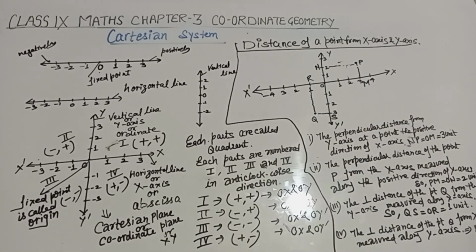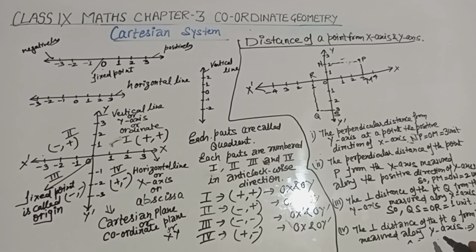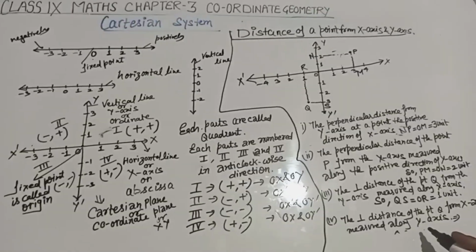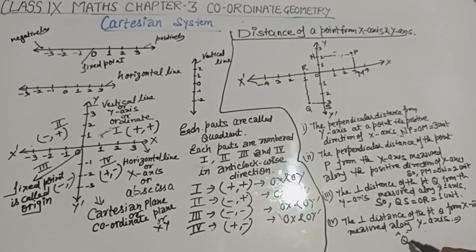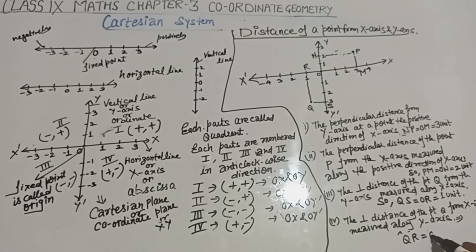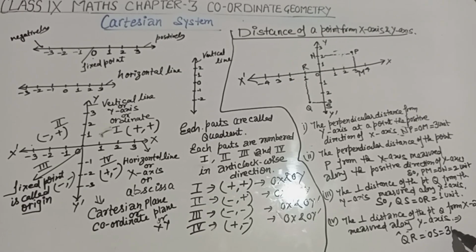It means QR is equal to OS is equal to 3 units.